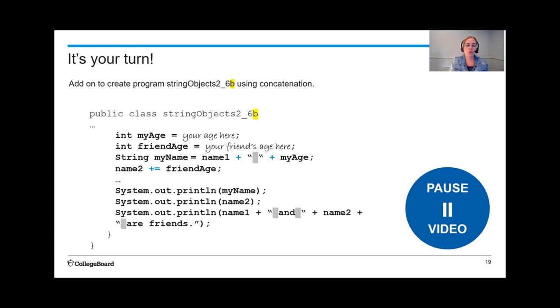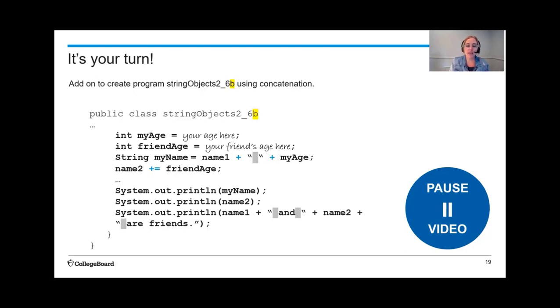So 2_6B, and save your new public class as B, and then add these concatenations to print out the age of yourself: add a variable with your age, add a variable for your friend's age, and create some output lines. You can also see that my third output line, when you pause the video, is a new concatenated string that calls your name and the other person's name, and that you are friends. And I've tried to include the spaces as gray slots so that it will help you.